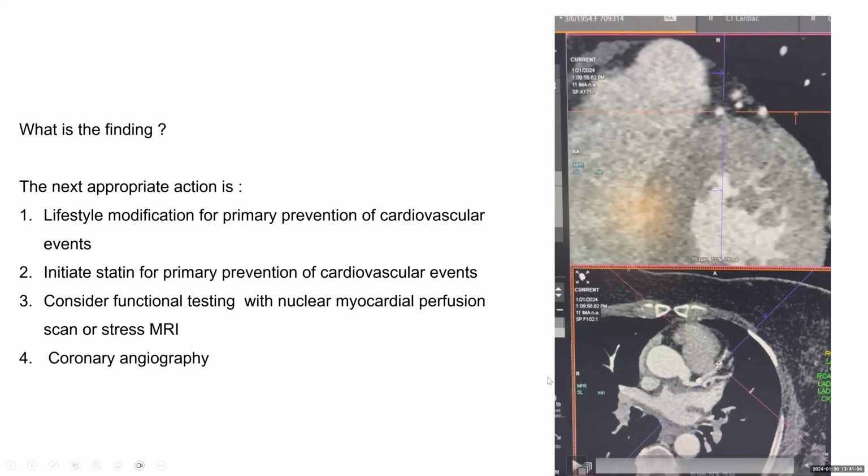So given the findings, as well as multiple plaques that are non-evaluable, like the big chunk of calcium at the proximal LCX, as well as the big chunk of calcium in the mid-RCA, what do you think is the next appropriate action?